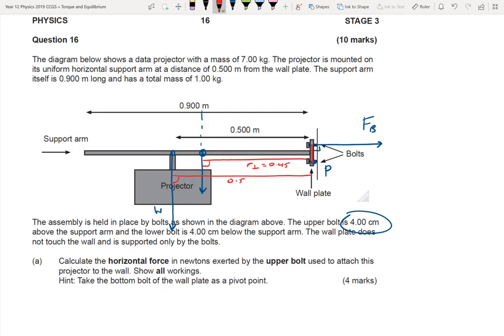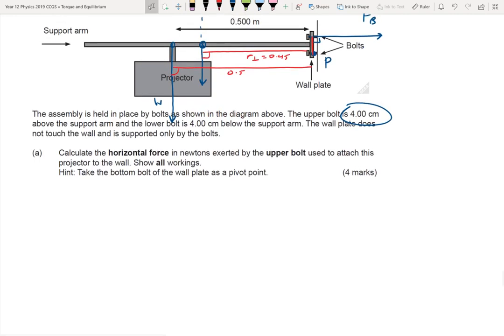What? How'd you get 0.5? Because the support arm, uniform horizontal support arm, is 0.9 meters long. So its weight acts halfway. Okay? So, we would go clockwise moment equals anti-clockwise moment.